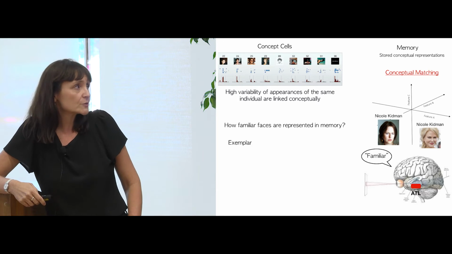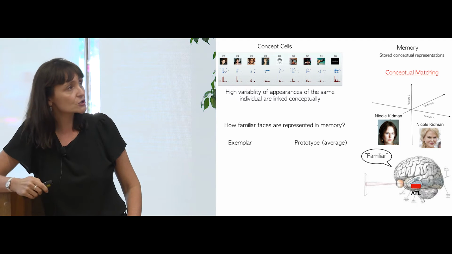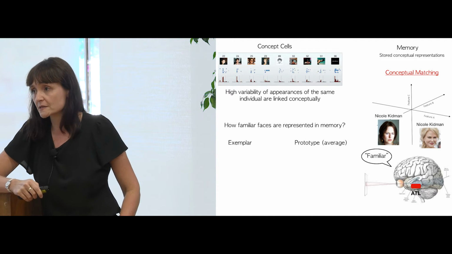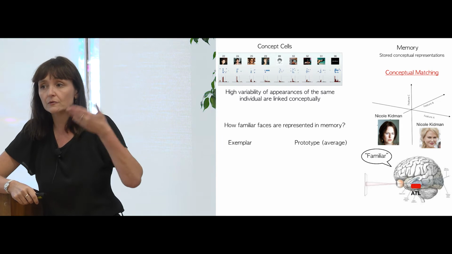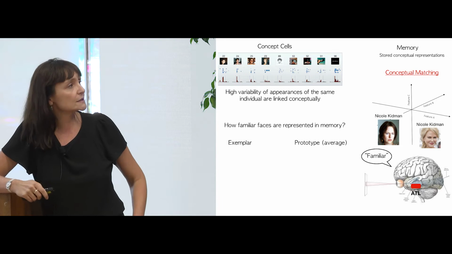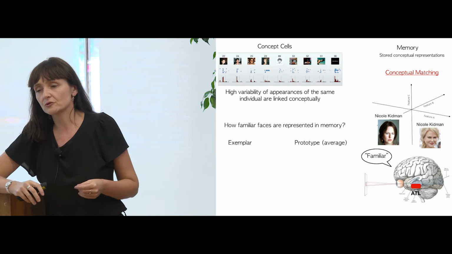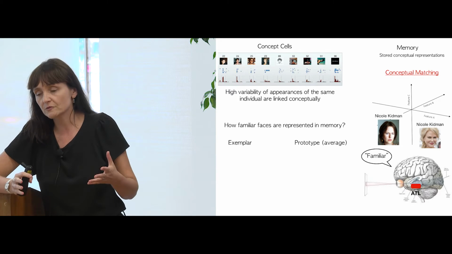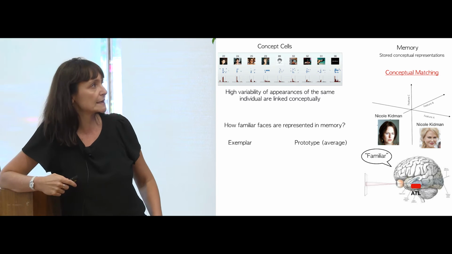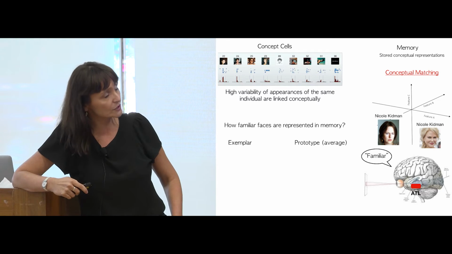So one of the questions that we are actually interested in right now is what would be the nature of the representation of familiar faces in memory. So rather than just studying how they may differ perceptually, we think there's a fascinating literature on conceptual representation, how concepts are represented in the brain and whether they're represented in an exemplar-based manner or in a prototype-based manner.